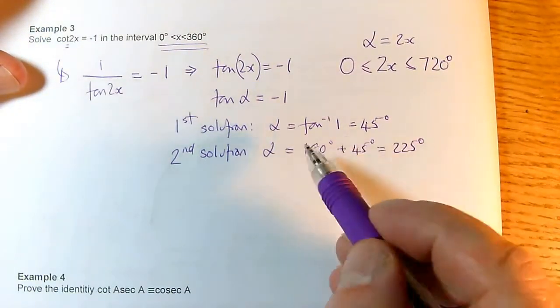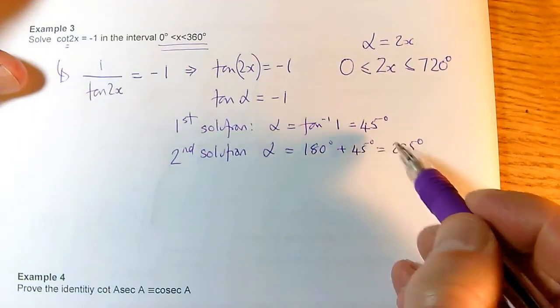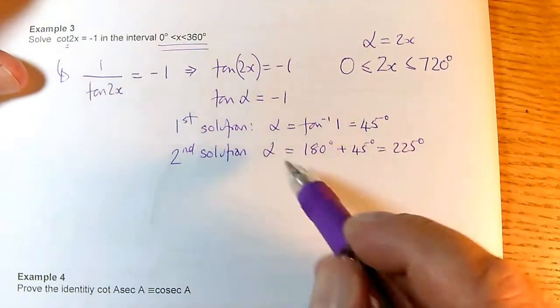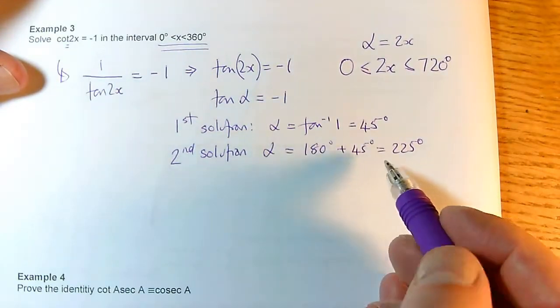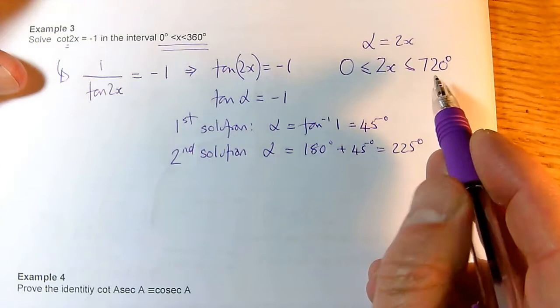There may be more, because remember, the other thing I can do is I can get my 360 repeats of these solutions, and I must do this before I go back to x. So I'm working with alphas, okay, so I can do 360 repeats, and since alpha can go up to 720, I need to.